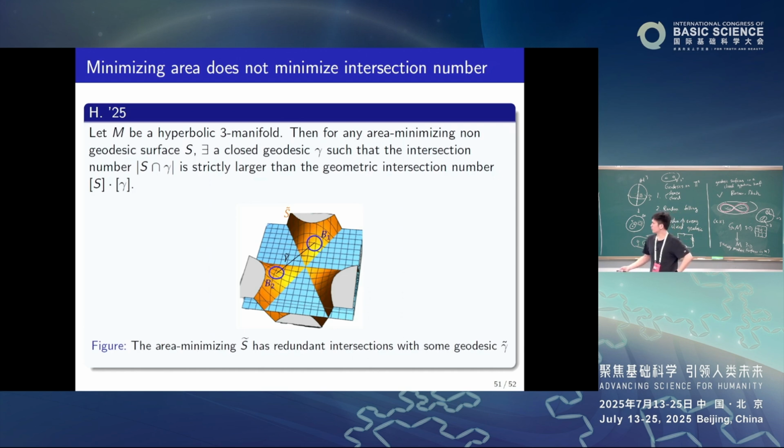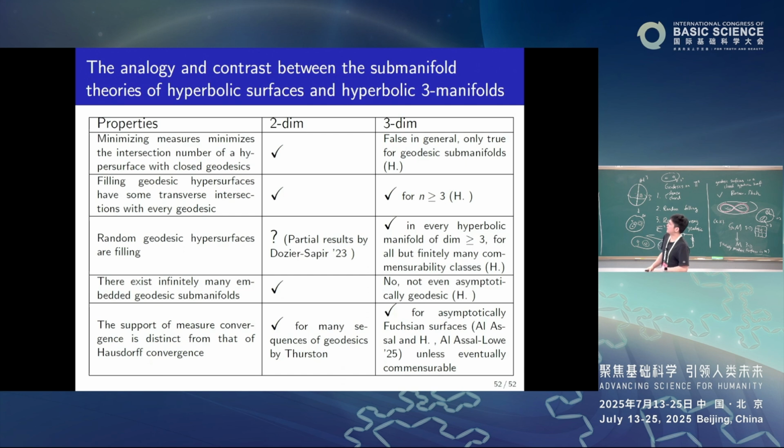Okay. To summarize, my paper is about some analogy and contrast for the submanifold theory of hyperbolic surfaces and hyperbolic 3-manifolds. So the first property is that minimizing area, minimizing measure, minimizing intersection number is true in 2 dimensions, but false in higher dimension. Okay?